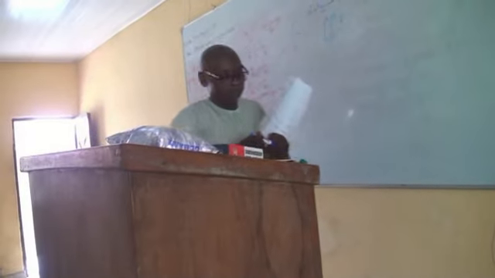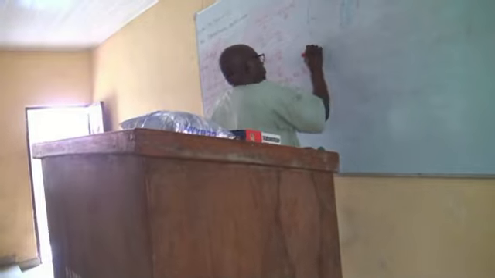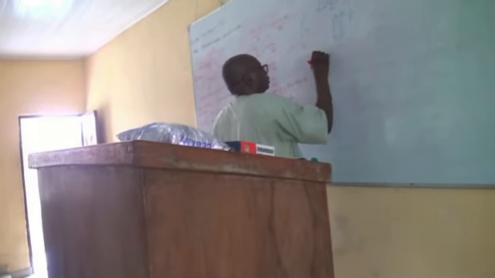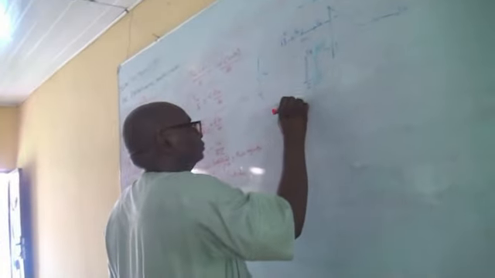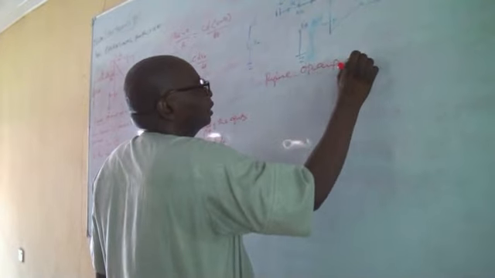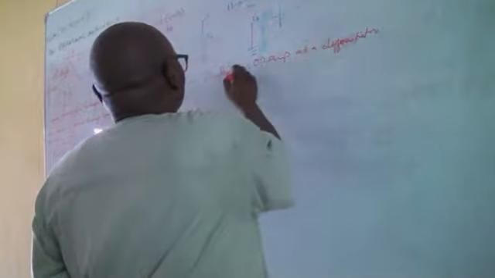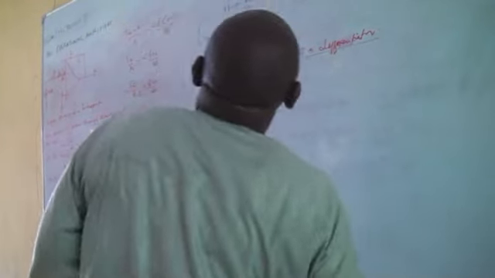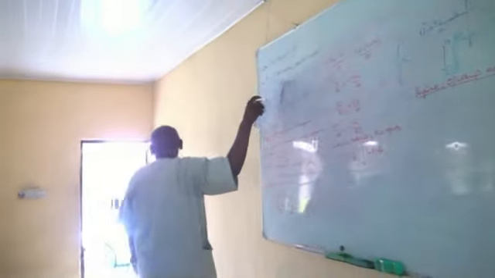Let me use the red again. I'm not giving the title. Op amp as a differentiator. So when you have this, you look at the position of the capacitor for integration, and then the position in which the capacitor is connected for the differentiator.